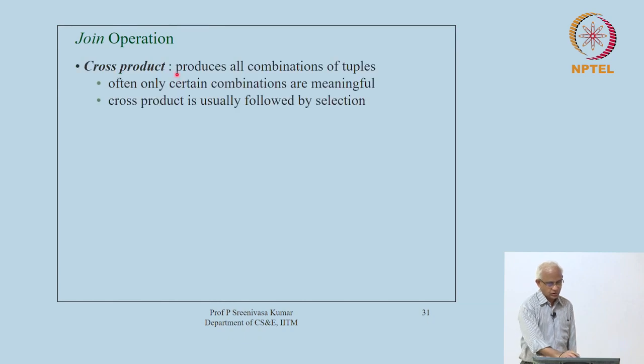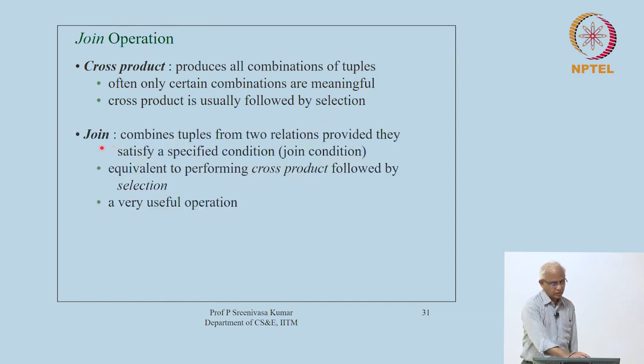So, since cross product produces all combinations of tuples and since only certain combinations are meaningful, we would have to follow it with a selection, and so we now introduce a new operator called join. What it does is combine tuples from two relations, combine meaning concatenate in this case: take one tuple from here, take another tuple and concatenate the tuples, provided they satisfy a specified condition, called the join condition.